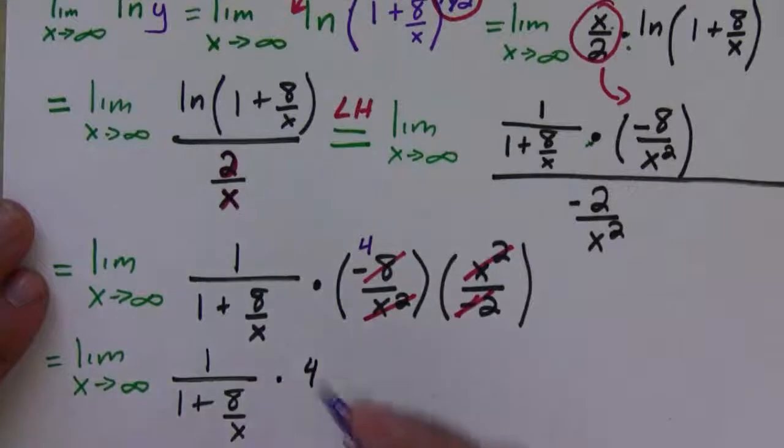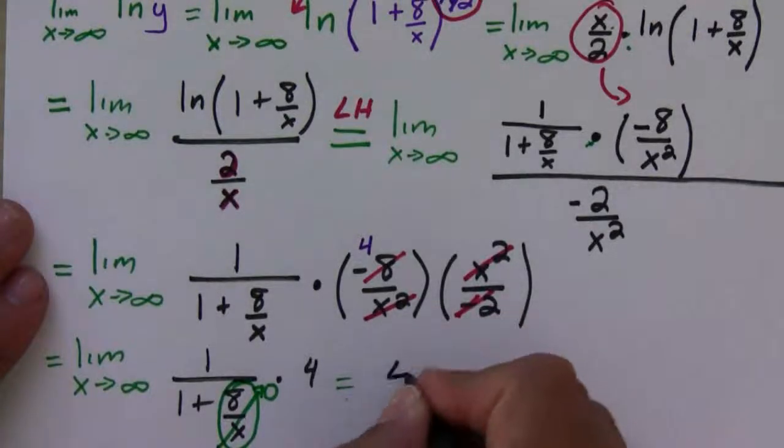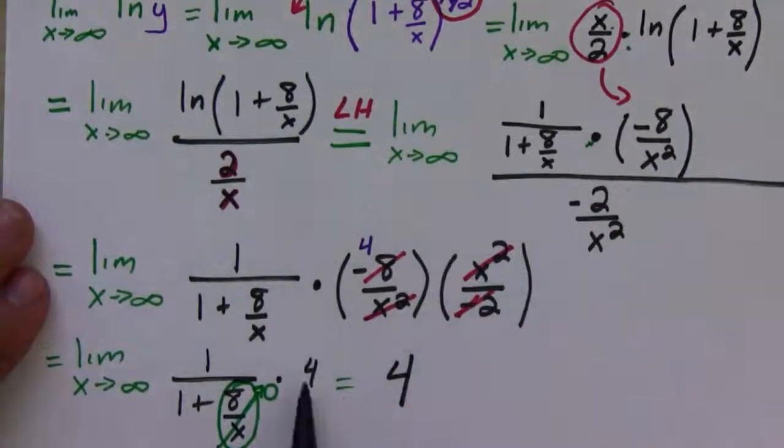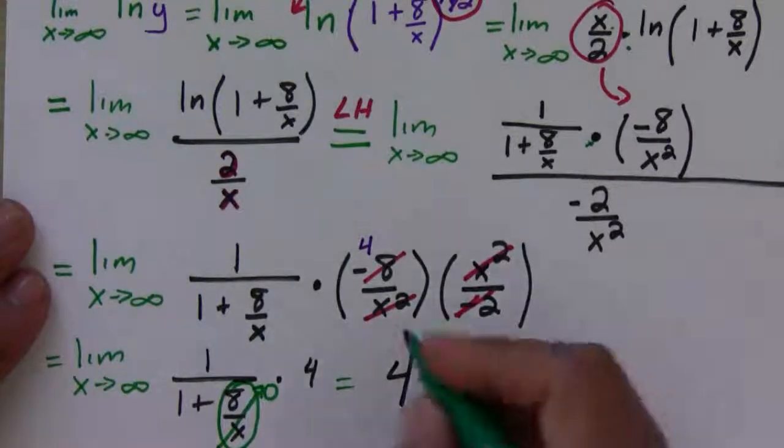Notice that this 8 over x is approaching 0. So this limit is equal to positive 4, because this whole thing is 1 and then 4. But remember that 4 isn't my answer.